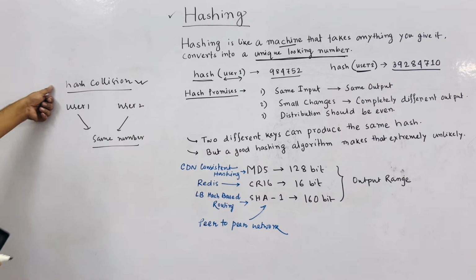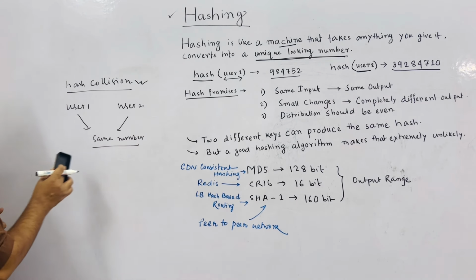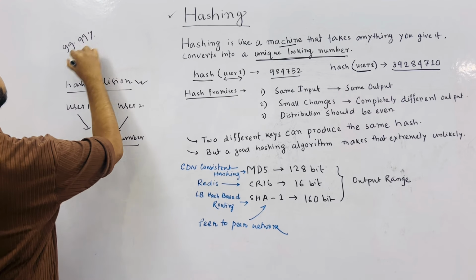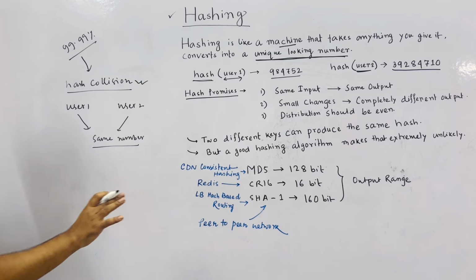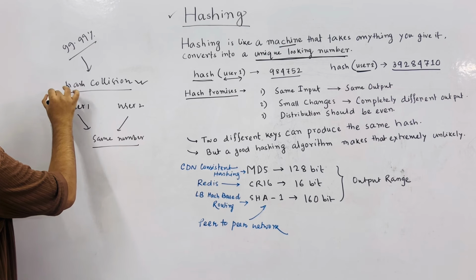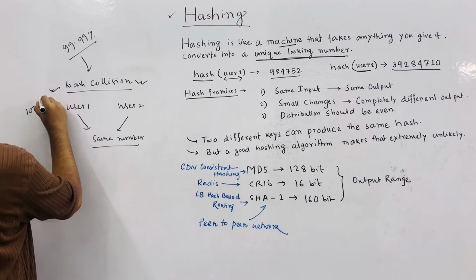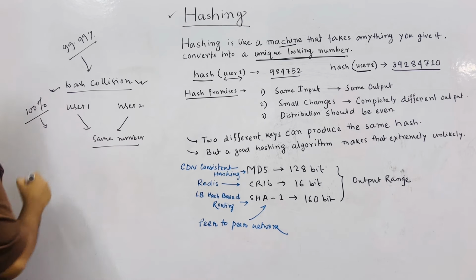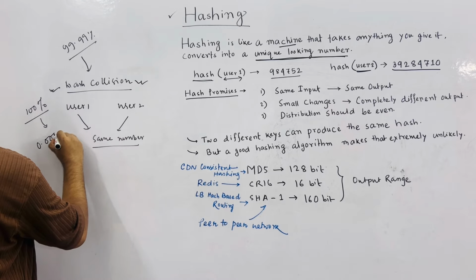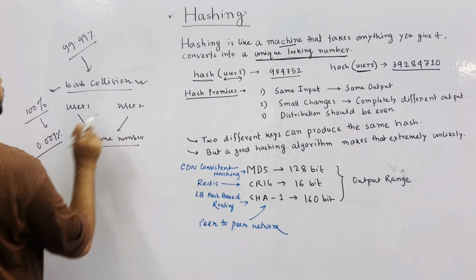It is mathematically possible, but it is very rare. I mean, 99.99% of the time these hash collisions never occur. But still there is a chance mathematically; hash functions will not give you 100% surety of generating a unique number. There is a slight chance of 0.1% that it may generate the same number for two different users.